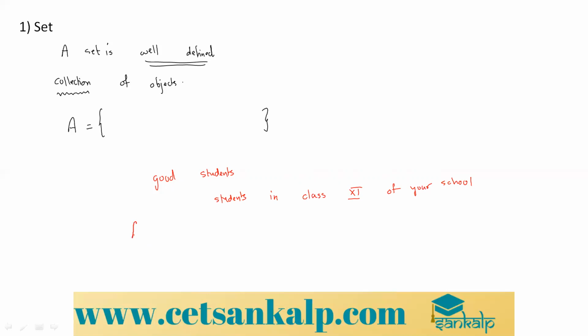Now I'll make a list of students who are in class 11 in your school. I'll write their names. For example, Ajay is there in your class. Beena is there in your class. I will make a list by separating the names with commas.